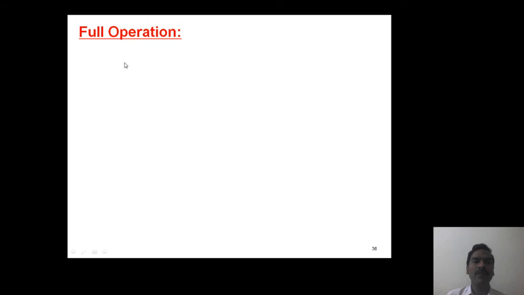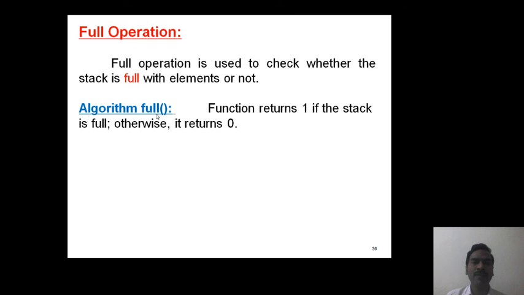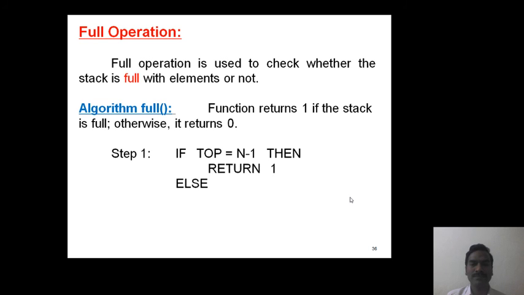Next operation, full operation. The full operation is used to check whether the stack is full or not. Algorithm full. The function returns 1 if the stack is full, otherwise it returns 0. Step 1: if top equals n minus 1, then return 1, else return 0. End if.